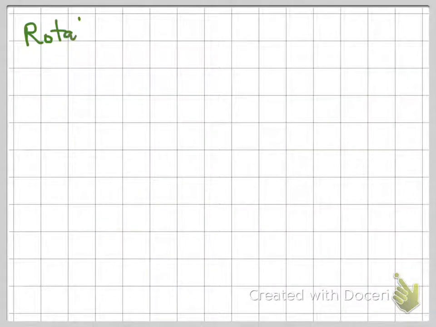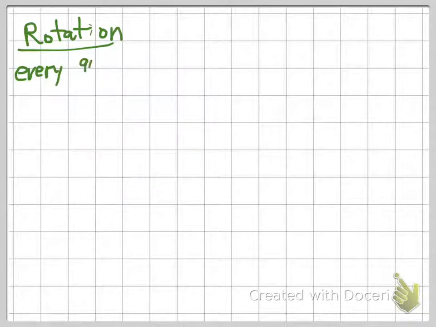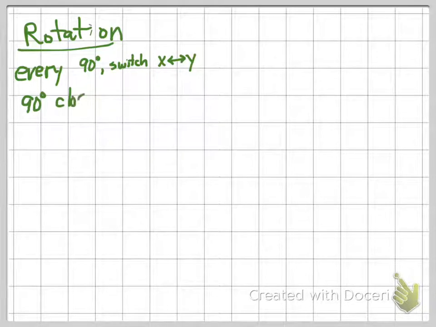Alright, now we're looking at rotations. Okay, the first thing you need to know about rotations is every 90-degree rotation switches x and y coordinates. So each time you go 90 degrees, you switch x and y.